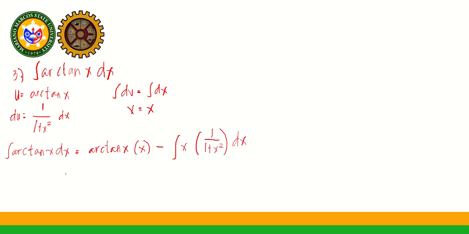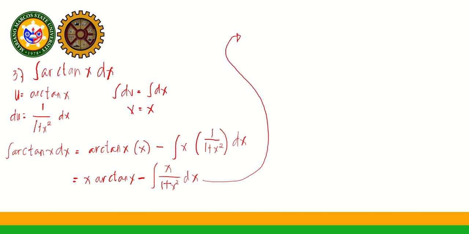Dx, ayan. So, this is equal to x arctan x, and for this one, this will be equal to minus x over 1 plus x squared dx. So, ang gagawin natin dito is to let's assign a variable.